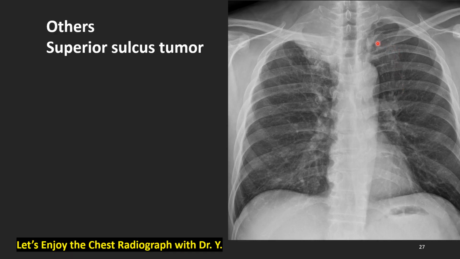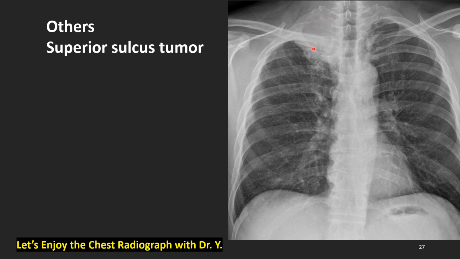I used to call this area the apex with the first rib. This lung area I used to say owl's eyes, bilateral owl's eyes. If the bilateral owl's eyes are not symmetric, not looking like eyes, that means something is wrong here.